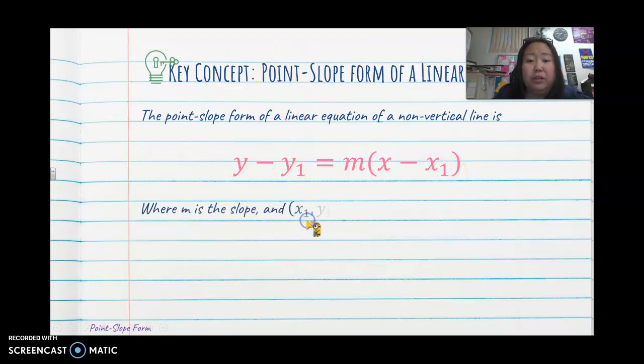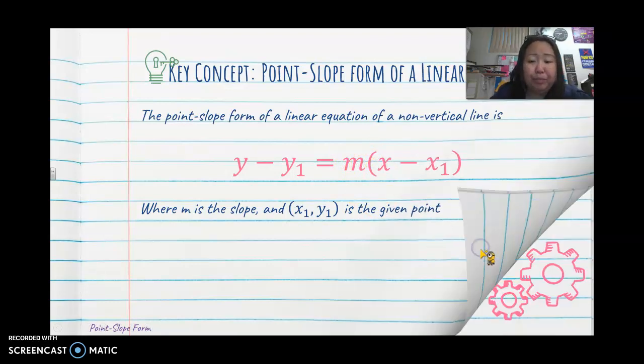And where is that point? The point is the x sub 1 and the y sub 1. So you have those points. They are subtracted from both the y variable and the x variable. And then the slope, as usual, is our m. Okay, so from the name itself, there is the point on the line and also its corresponding slope that is found in the equation itself.